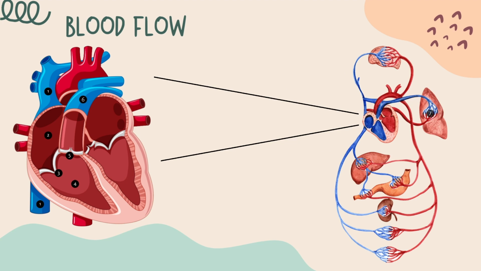Then it goes to the lungs to pick up oxygen. The blood comes back to the heart through the pulmonary vein. Now it's oxygenated into the left atrium, through the bicuspid valve, into the left ventricle, out the aortic valve, into the aorta, and then to the body.